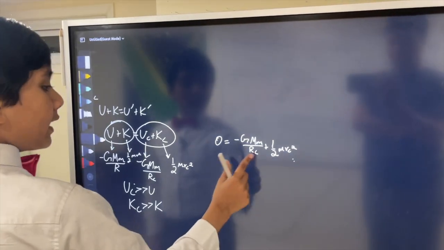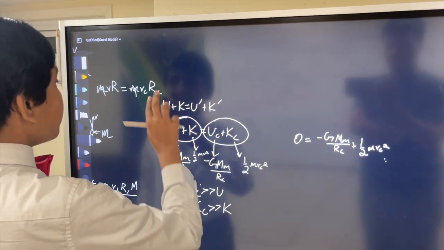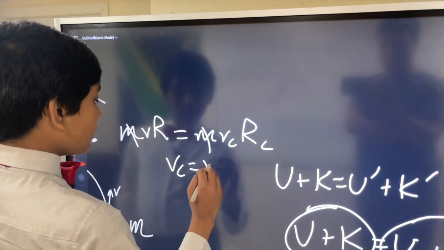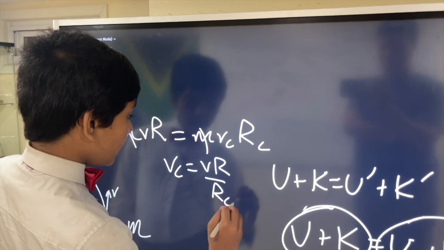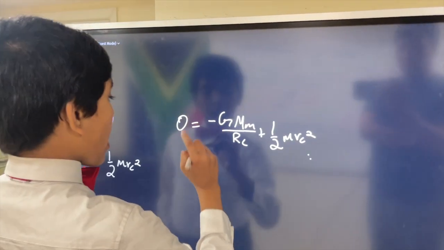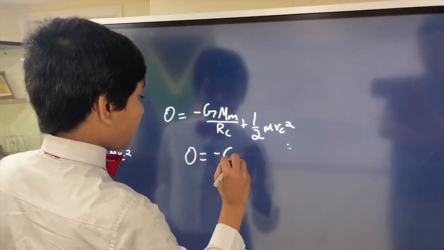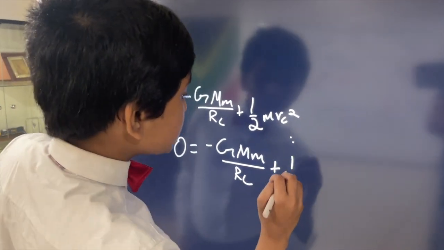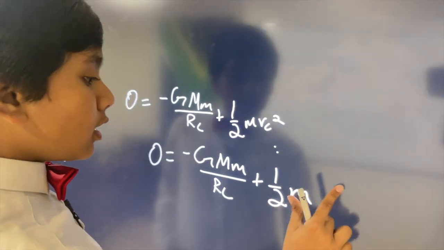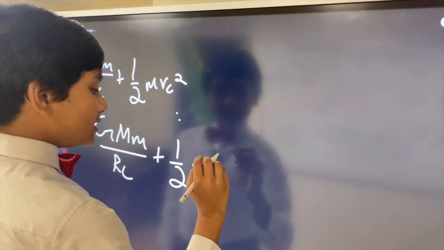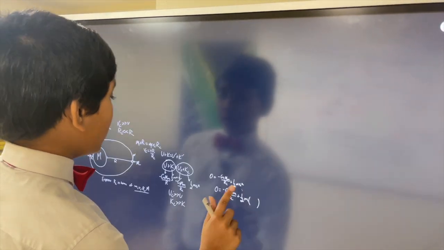And now all we have to do is input a formula for VC, which derives like this, VR over RC, and then plug it in here. And you might say, well, we still have RC here, so isn't that dissatisfactory? Well, remember, we're solving for RC here. So expressing this whole thing in terms of RC is going to massively help us.